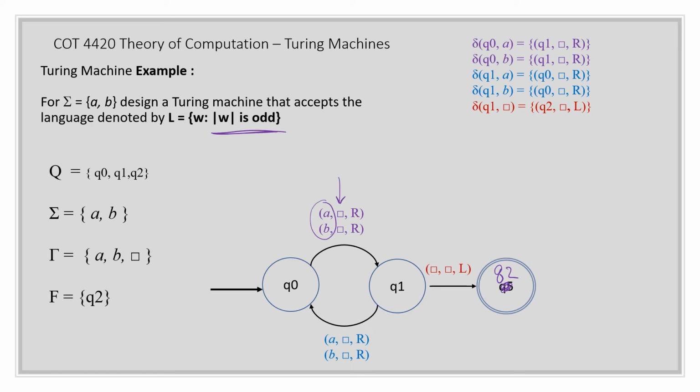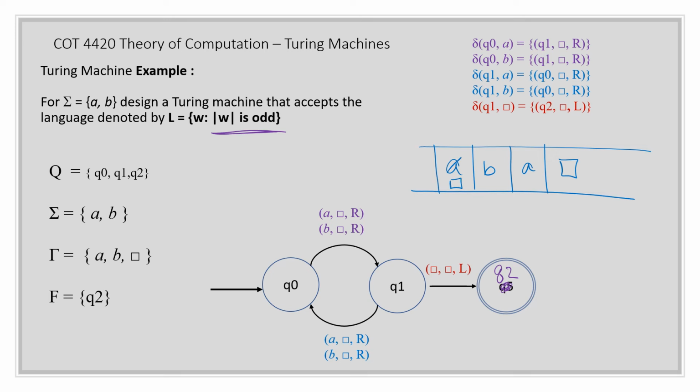So our tape would be like this: A, B, A. If you are here, you encounter an A, you can count that, change it to a blank or whatever you want, and move right. You have a B, you count that. Move right, you have an A, you count that. You move right.